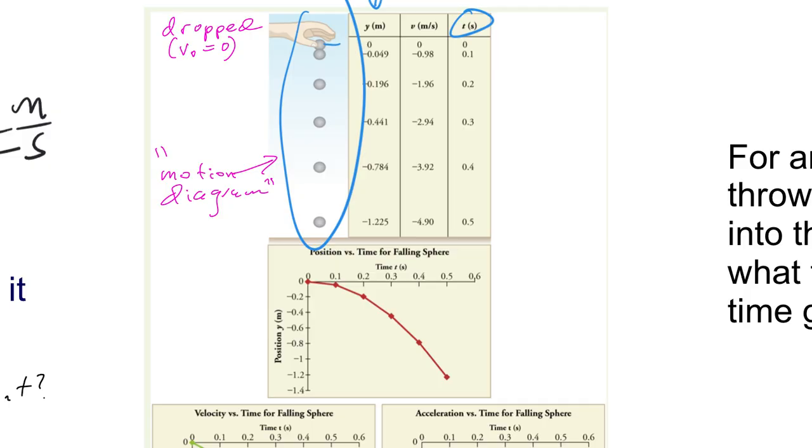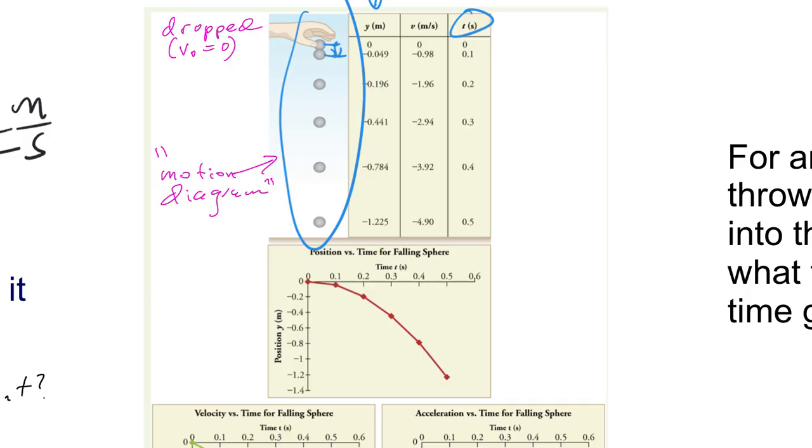And it's going to be negative. And you can see that this is at 0.0. This is at 0.1 seconds. You can see that's delta Y1.